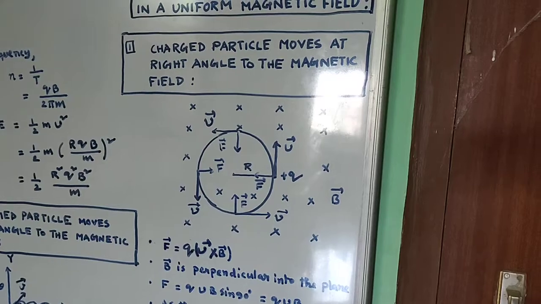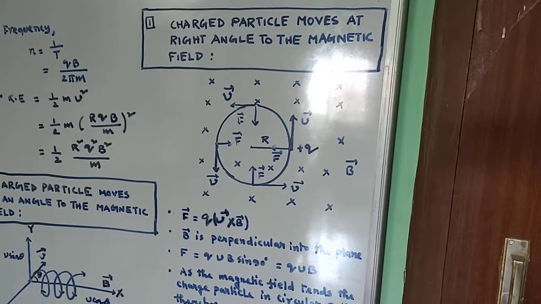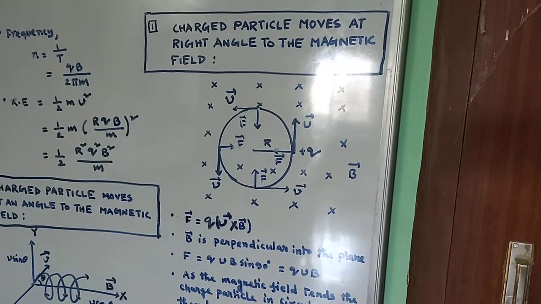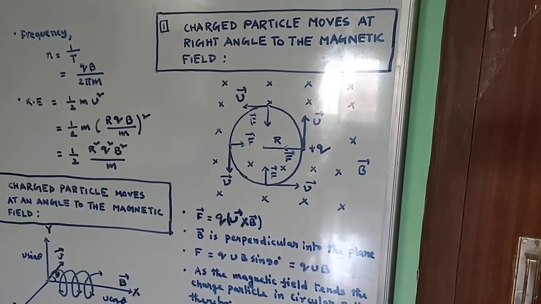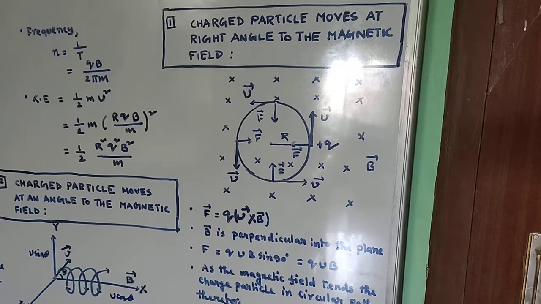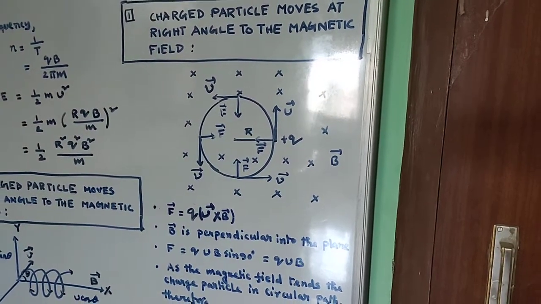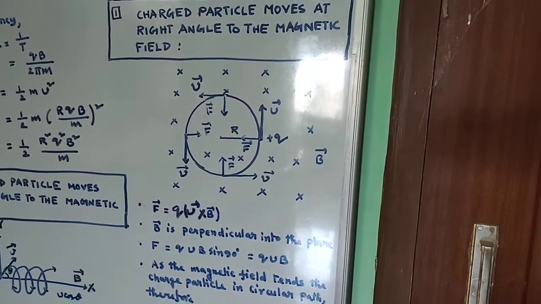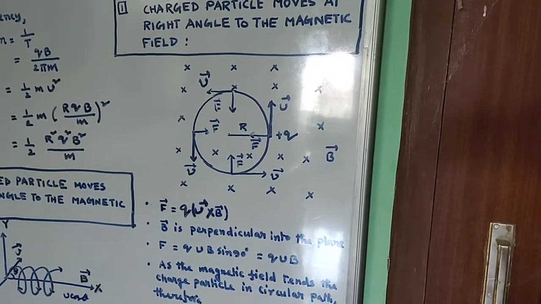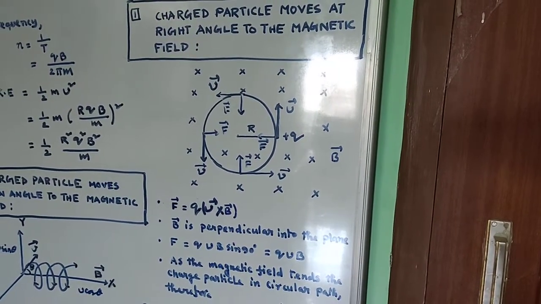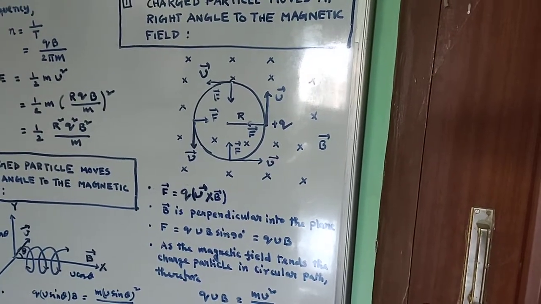Now, as the charged particle is moving, at every point you can define the direction. At every point you will see that the direction of force is towards the center. So due to this force, the charged particle will describe a circular path, because a circular path comes out whenever there is a force perpendicular to the direction of velocity.